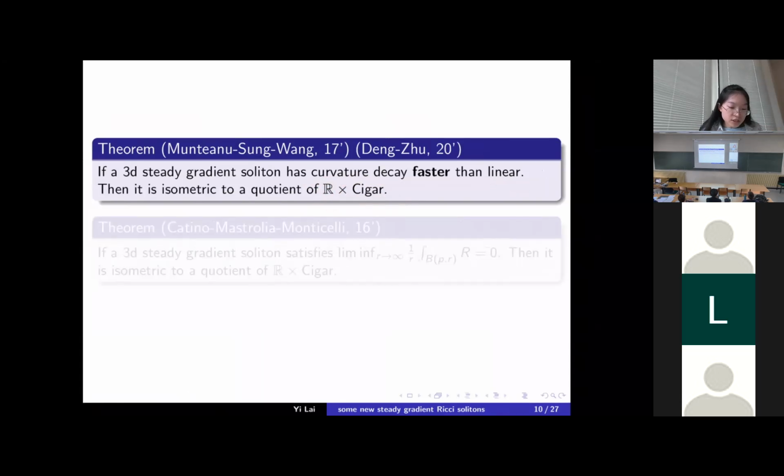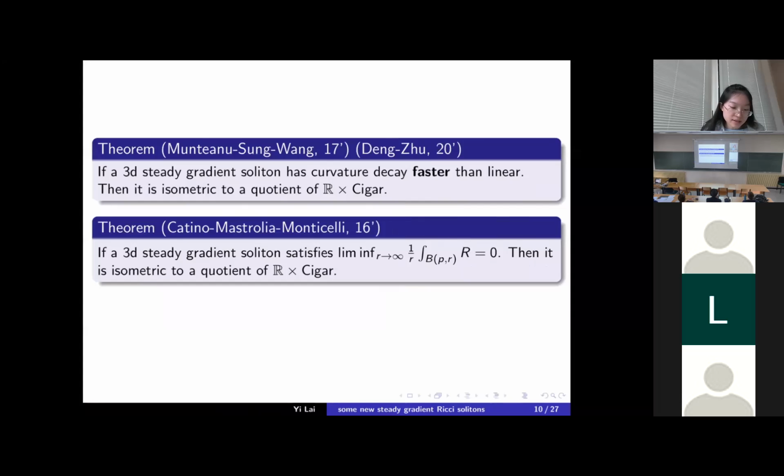And there's another condition that can be added and leads to the same conclusion, which is that Catino and Monticelli assume that if your scalar curvature decays this fast, so this limit is equal to 0. This does not hold in a Bryant soliton, because you can easily check that in the Bryant soliton, the scalar curvature decreases like 1 over r, and the volume of the r ball increases like r squared.